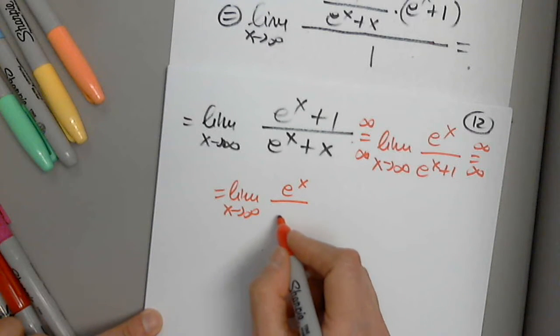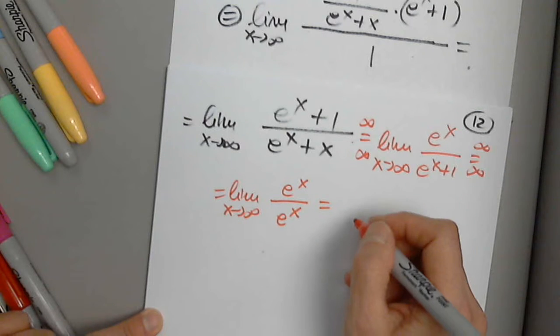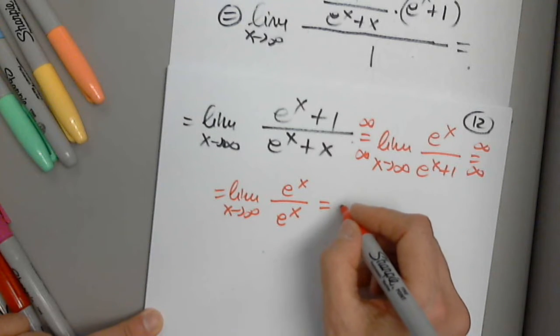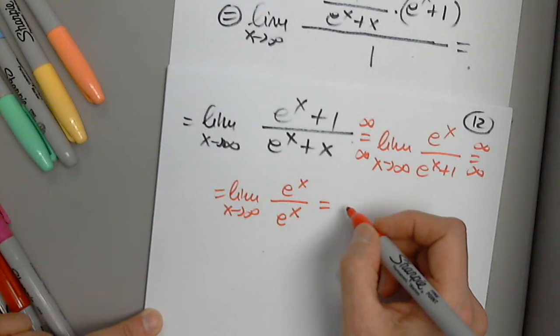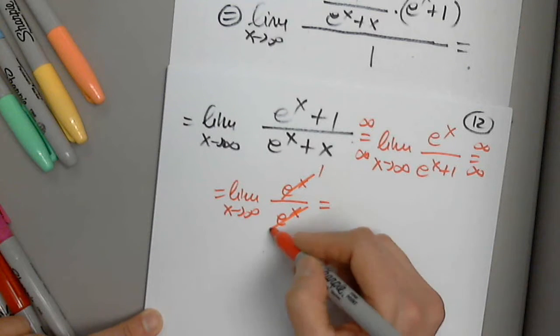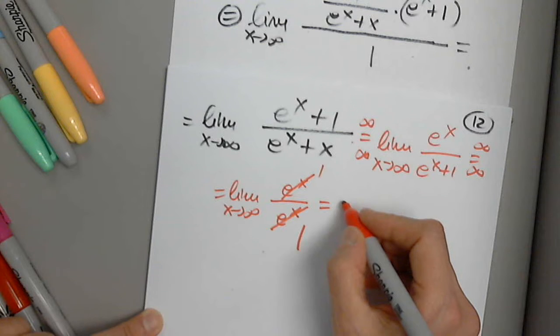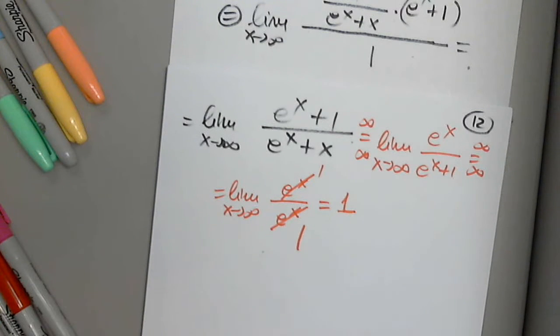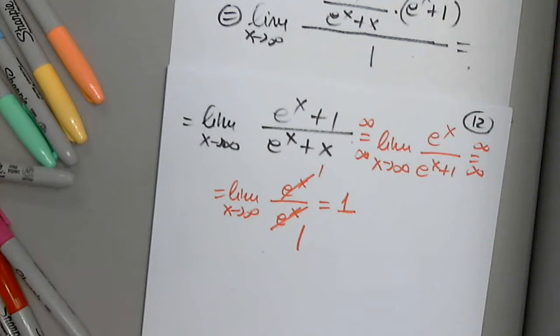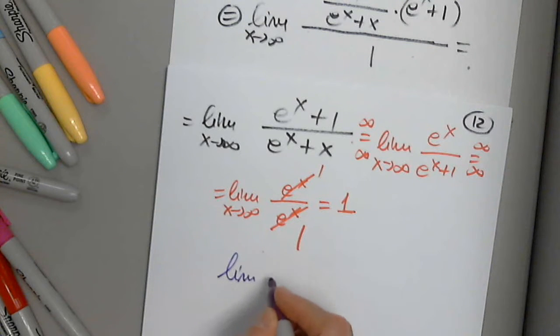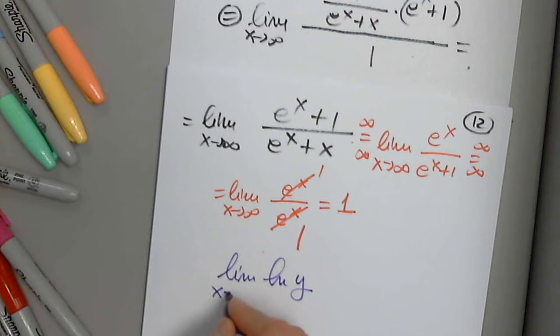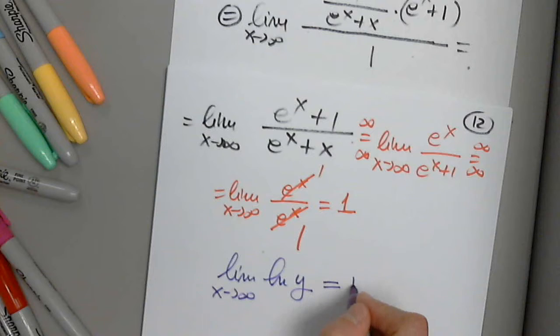The bottom differentiated, and this is how much? Infinity. Right, but I'll simplify. They are the same. So the answer is 1. We copy the very beginning in which we wrote limit of the natural log y as x approaches infinity equals 1.